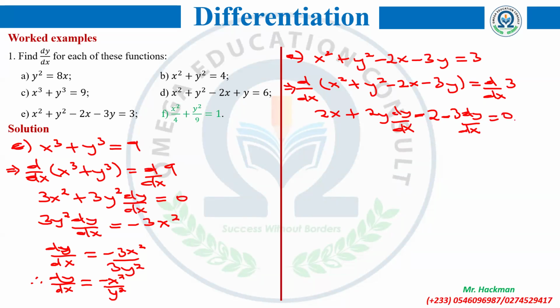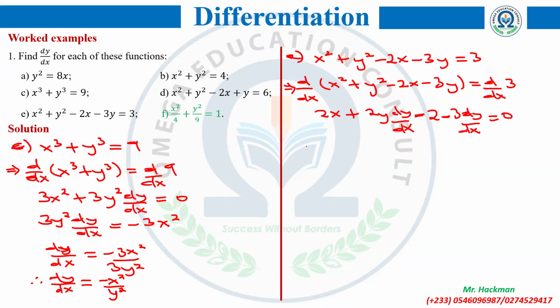0. Okay, so how many dy/dx terms here? 2, because you have 2 terms in y. You get it? So here we are going to isolate 2 terms in dy/dx, unlike the previous one where we had only 1 term. So these 2 terms must be isolated.